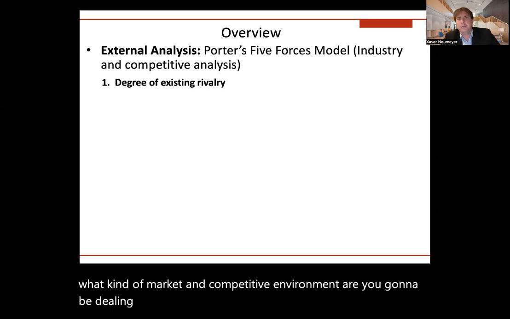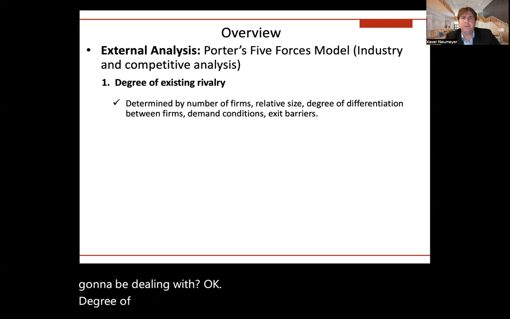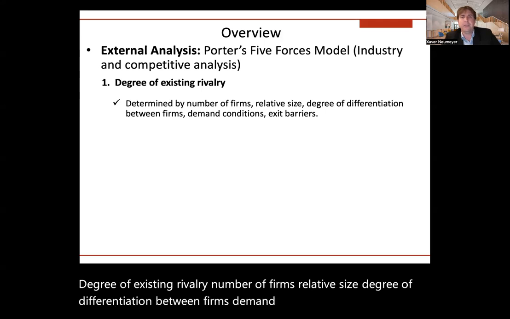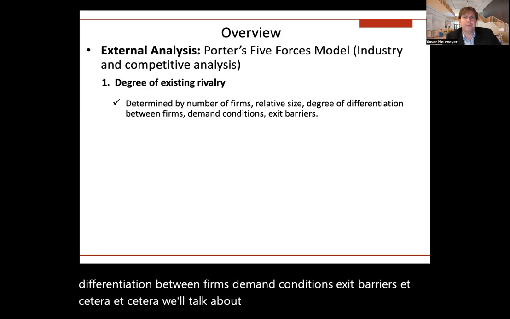Degree of existing rivalry: number of firms, relative size, degree of differentiation between firms, demand conditions, exit barriers, et cetera. We'll talk about this and provide some specific examples.